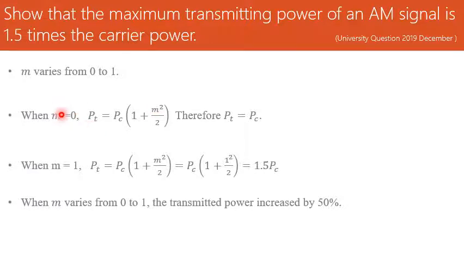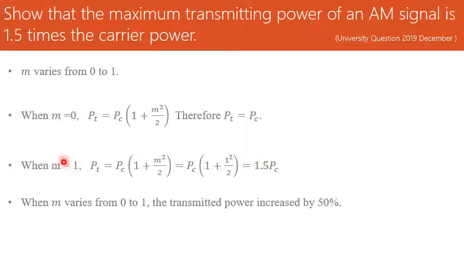So when M is equal to 0, this term becomes 0, so your total transmitted power is equal to PC, the carrier power itself. When M is equal to 1, the expression becomes PC into 1 plus 1 square divided by 2, which is equal to 1.5 into PC.